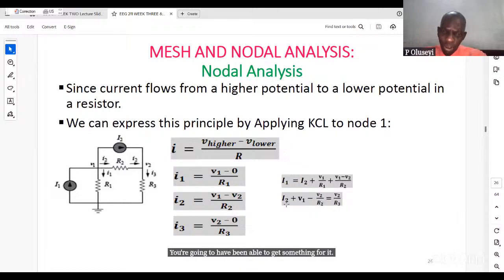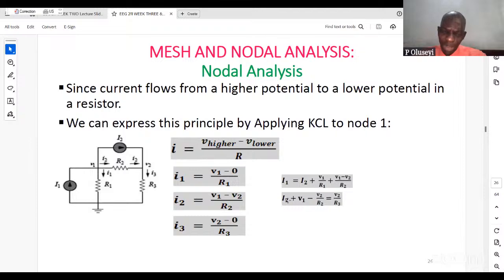The same thing for node 2. There are 2 currents flowing into node 2. Which ones are these currents? The current for uppercase I2 is flowing in, but lowercase i3 is flowing out.